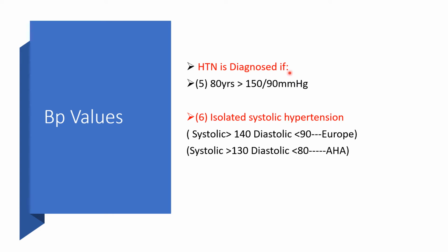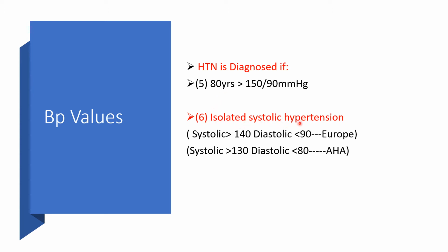Hypertension is also diagnosed if this individual is 80 years and the BP today is greater than 150/90. So the older you become, the higher your BP, that is what the record is saying, okay?